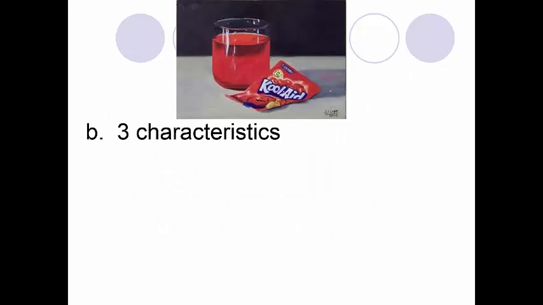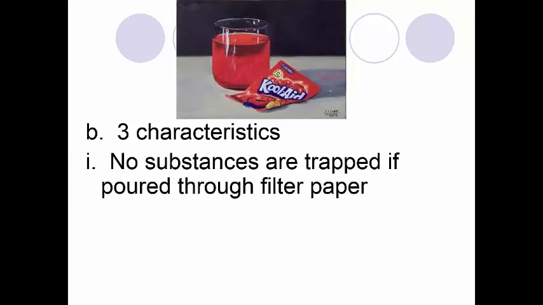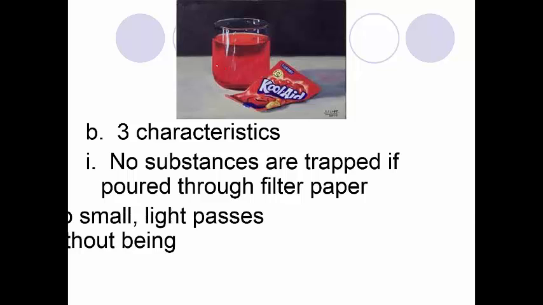For every mixture, you can look at three different characteristics to help you decide whether or not it's a solution, a suspension, or a colloid. For a solution, if you put it through filter paper, like a coffee filter, and you were to dump this Kool-Aid into the coffee filter, it would all pass through. Nothing would get trapped on the other side of the filter. So no substances are trapped.